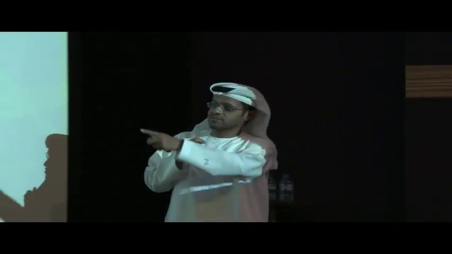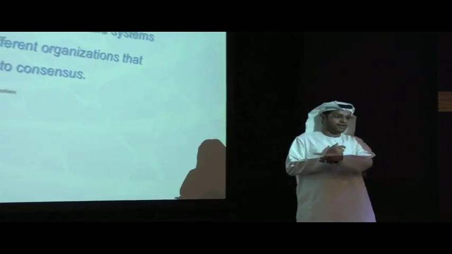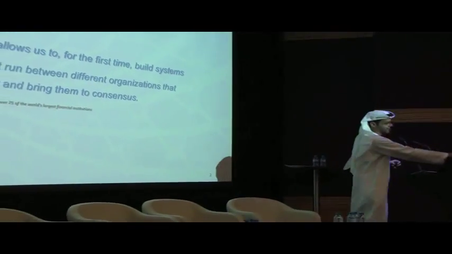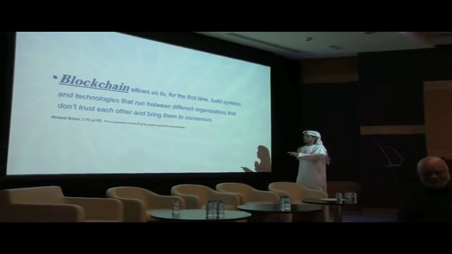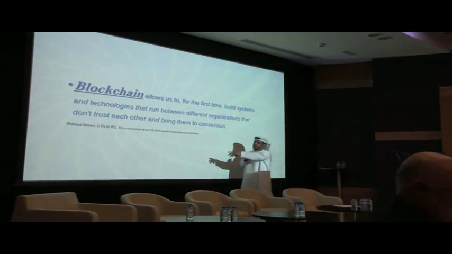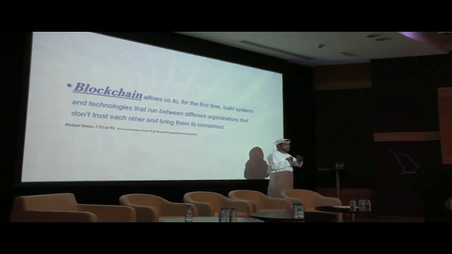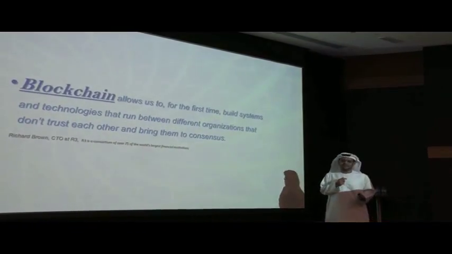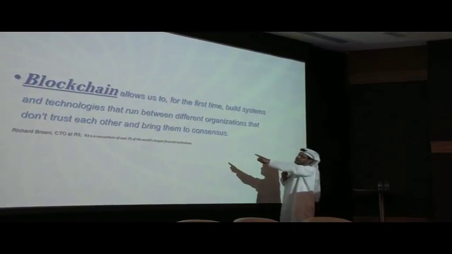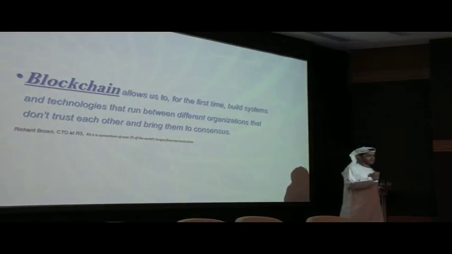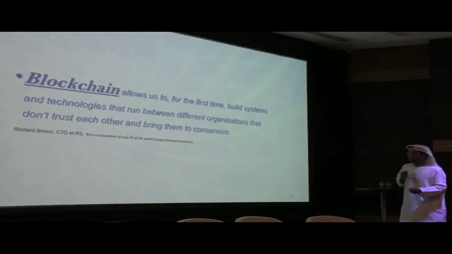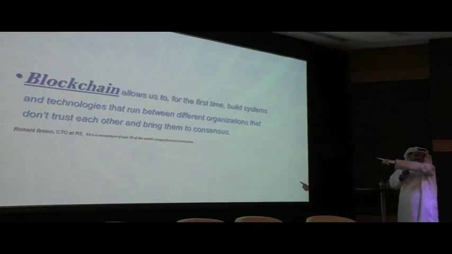And Richard Brown, he is the CTO of R3. This guy, a few months ago, made a statement that there is no way banks will agree to have one distributed ledger. After a couple of months, he changed his opinion.